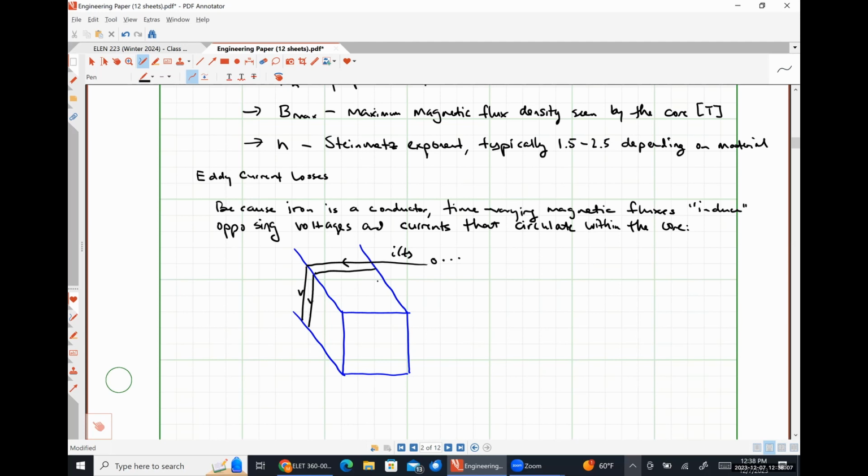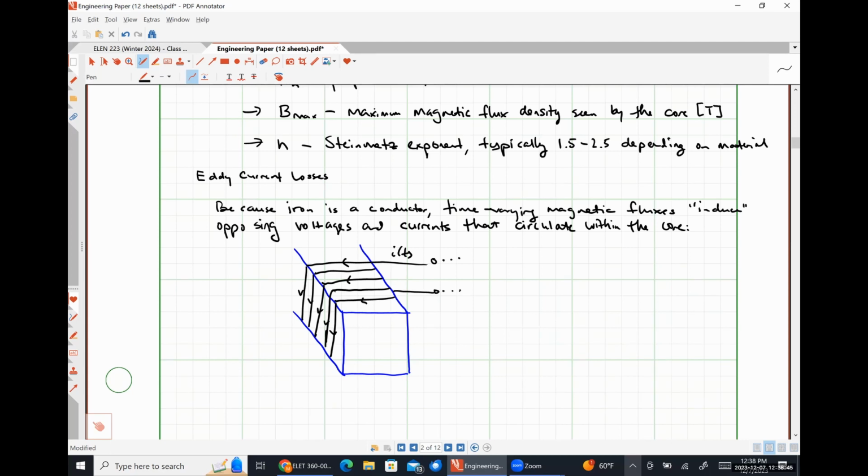I'm just going to wrap the wire around this thing a whole bunch of times, like so. And here's the return path for my wire for all intents and purposes. So what should the direction of our magnetic field be that's passing through this core material based on the direction of our wire? Should be directed out of the rod.